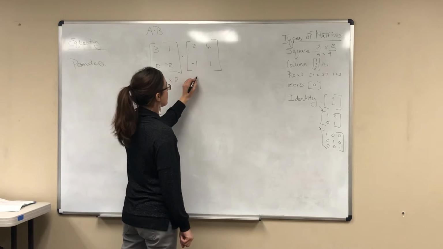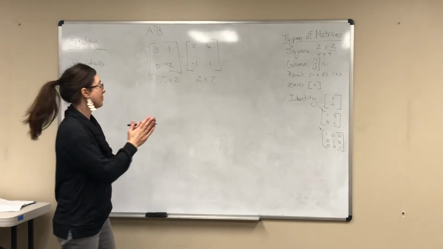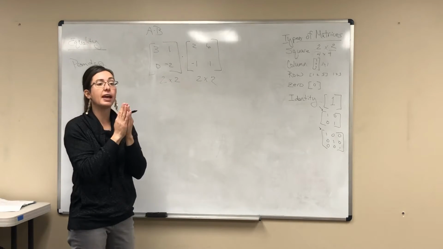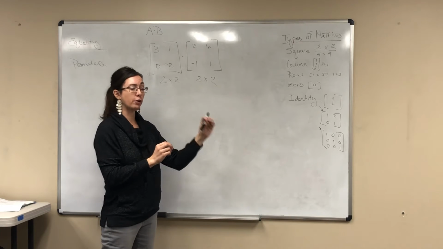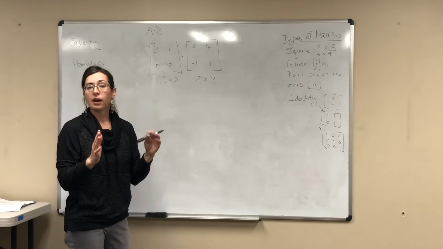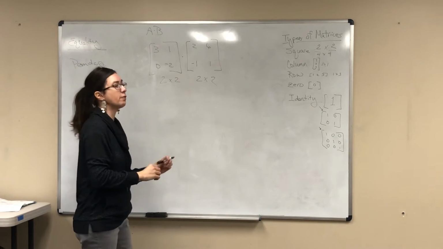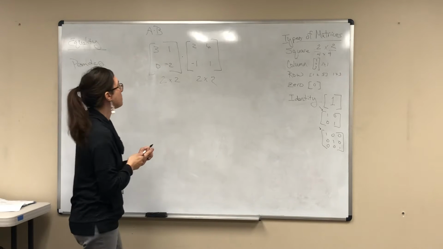Okay. To multiply, they will say verbally the number of rows in your first matrix must match the number of columns in your second, or the number of columns in your first matrix must match the number of rows. They'll say things like that.